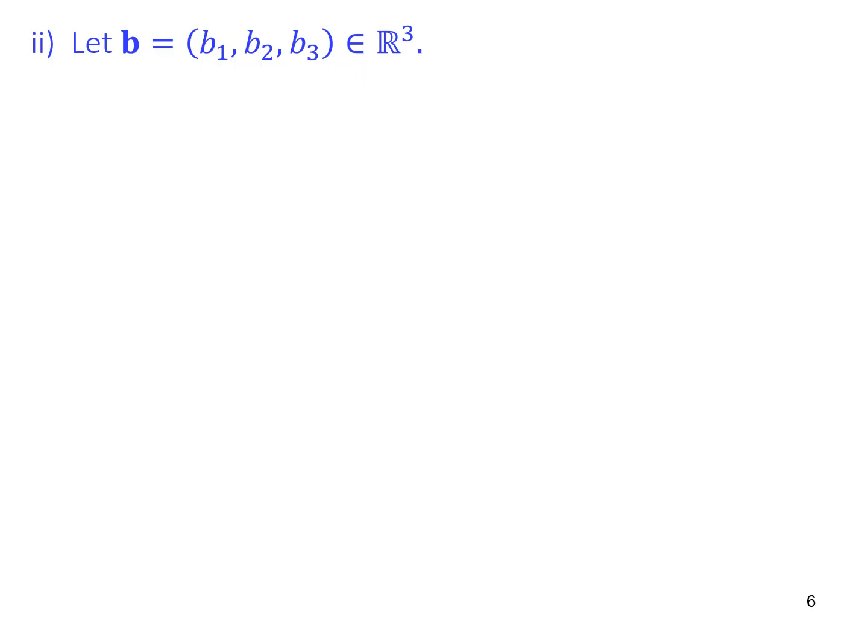In the second step, we need to show that R3 is a subset of the span of V1, V2, and V3, where the other subset inclusion is obvious, as explained in the first slide. So to show that R3 is a subset of the span of V1, V2, and V3, we assume that B is a vector in R3, where B is given by B1, B2, and B3 as the components.